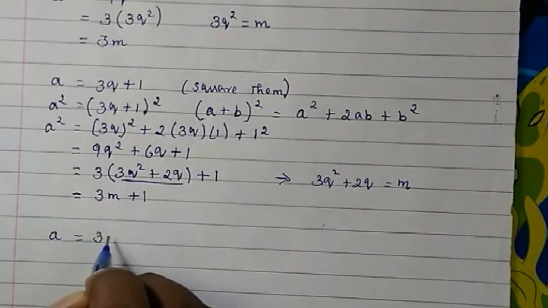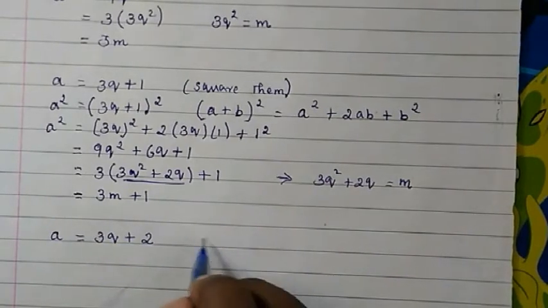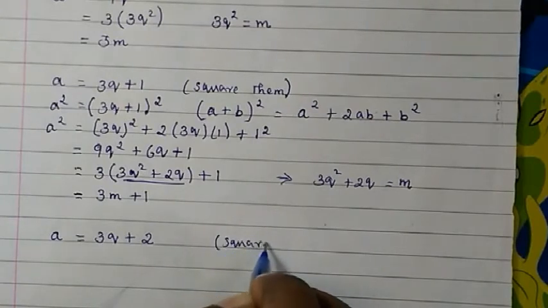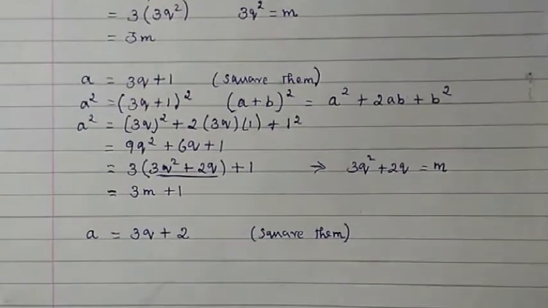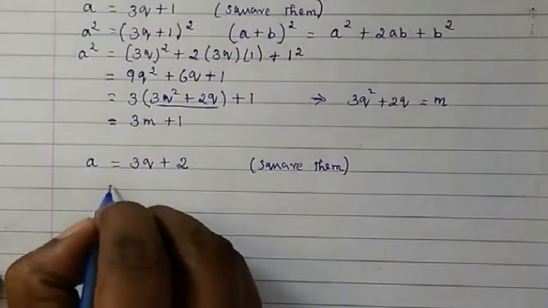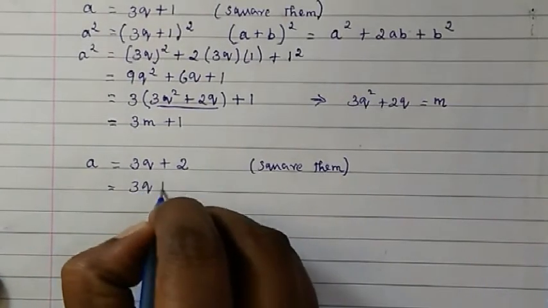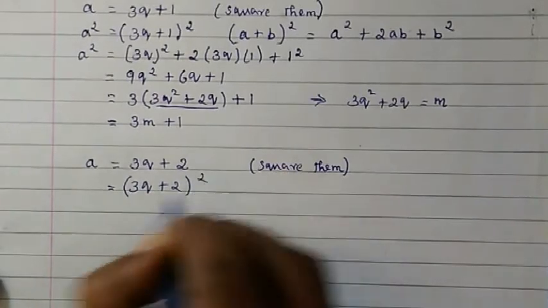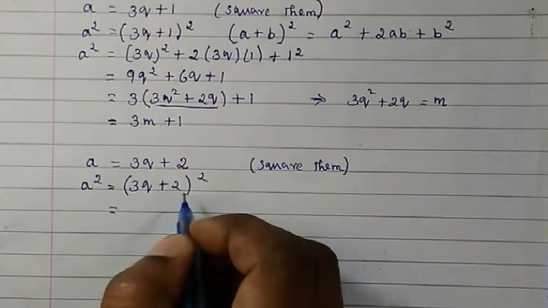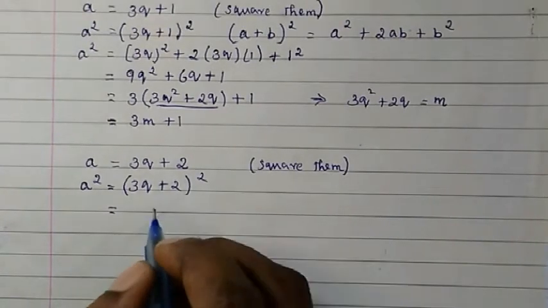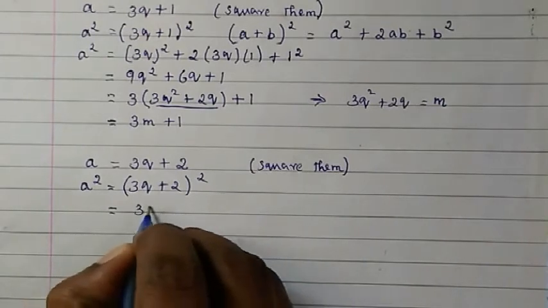The same way we have to do it with remainder 2. So if a equal to 3q plus 2, the same way square them. 3q plus 2 whole square. Here also it is in the form of a plus b whole square. So we'll write it in the expansion form.